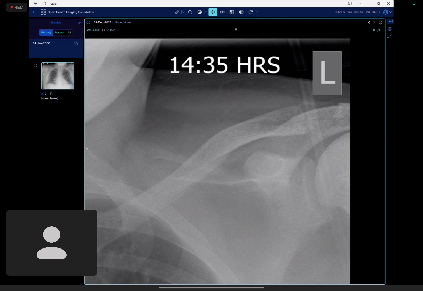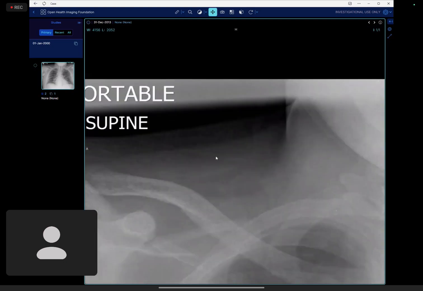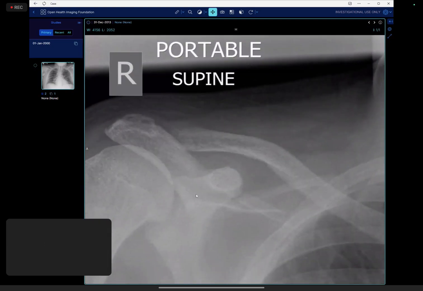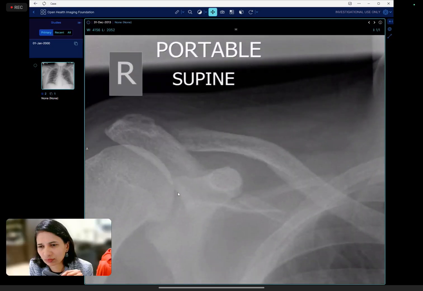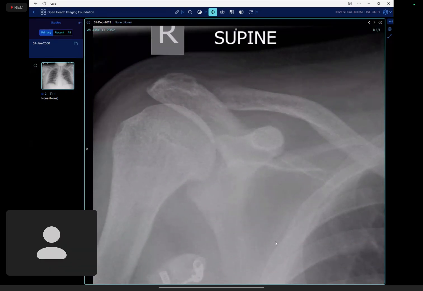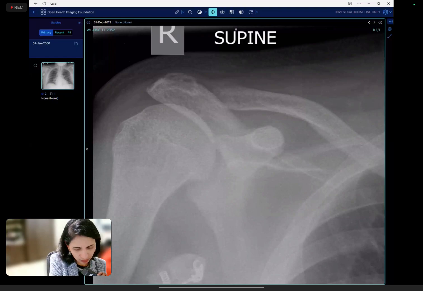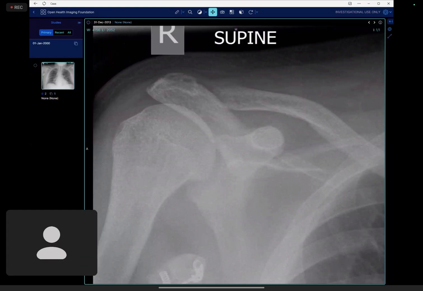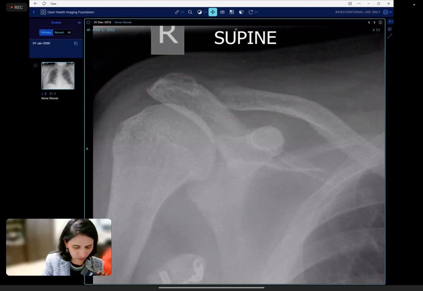Can I also see the right side, if you can zoom in, if that's okay? There is also osteolysis seen on both sides. I'm trying to think.